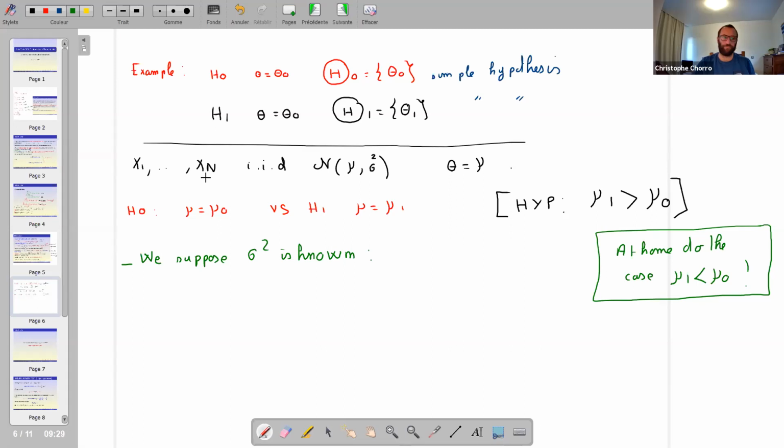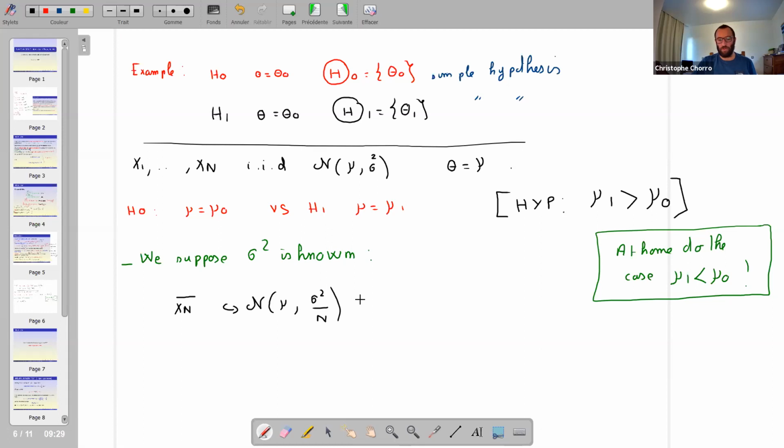So we consider the quantity that approximates mu, that is X̄n. I know that it is an unbiased estimator, so its expectation is equal to mu. And what is its variance? We know that this variance is given by sigma square over n.